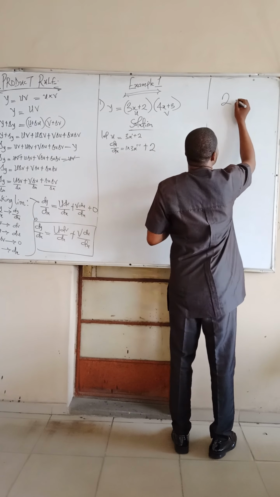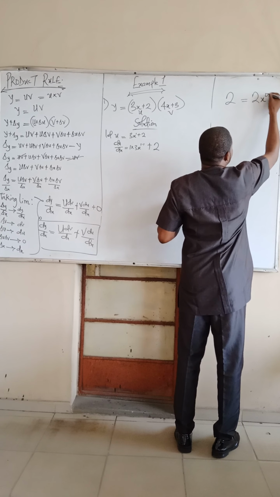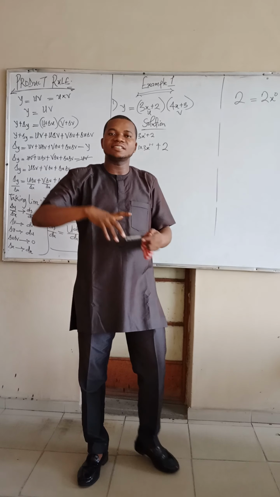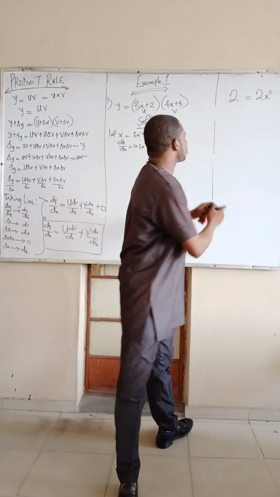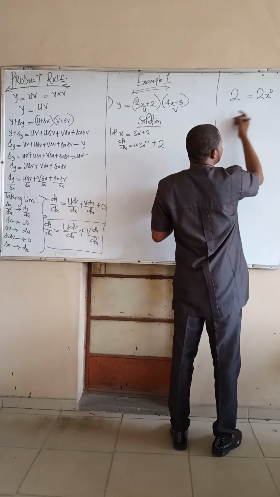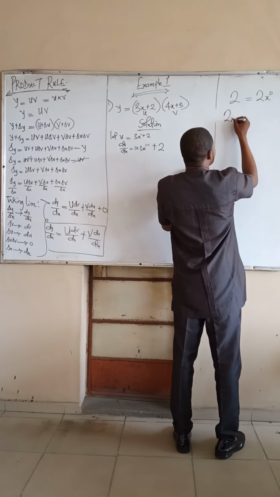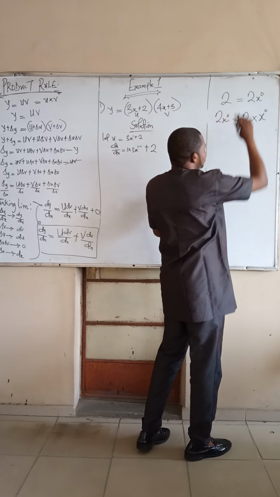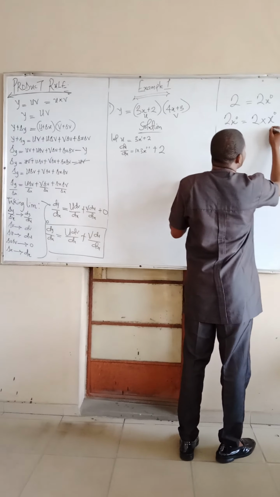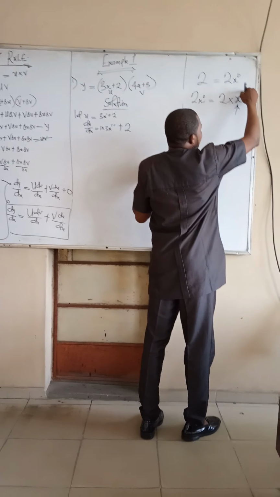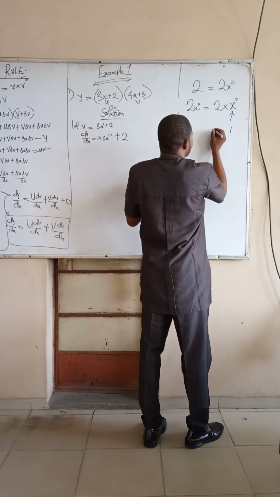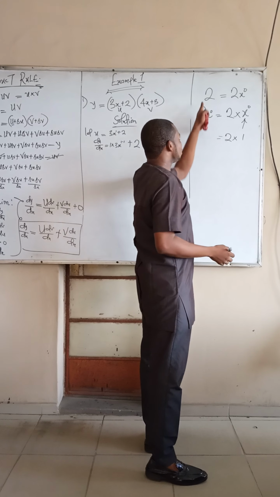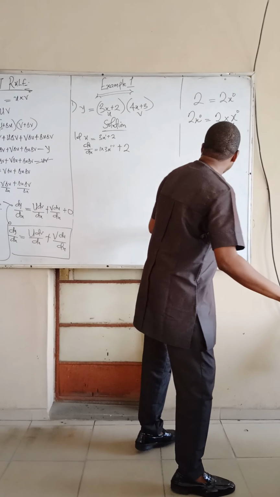This 2 alone can equally mean 2x raised to power 0. From the concept of indices, anything raised to power 0 is equal to 1. So 2 times x raised to power 0 is 2 times 1, which is still 2. That is that, by the way.